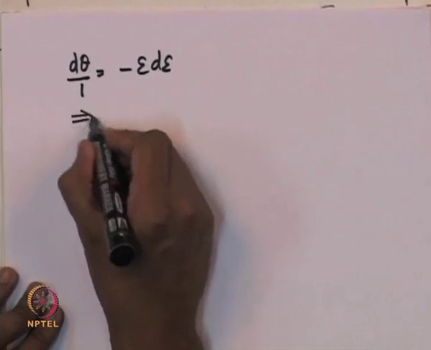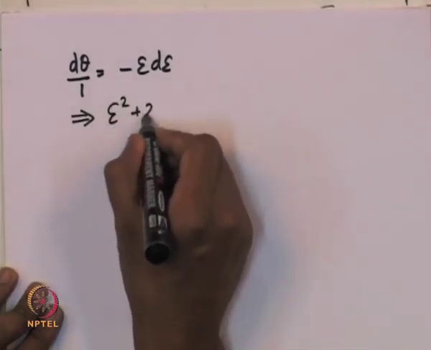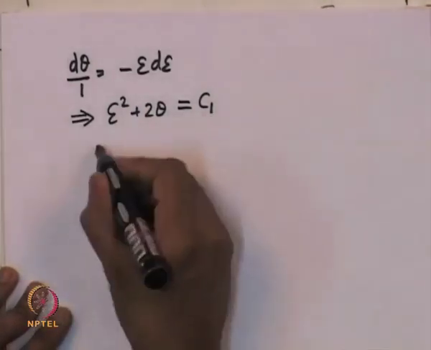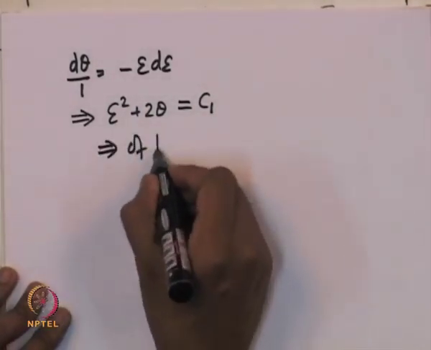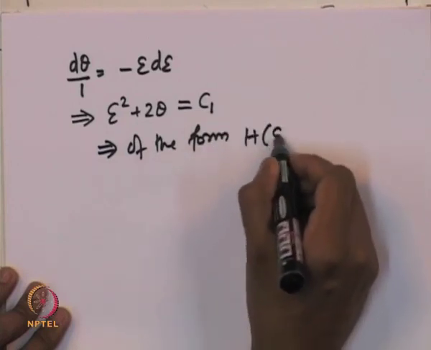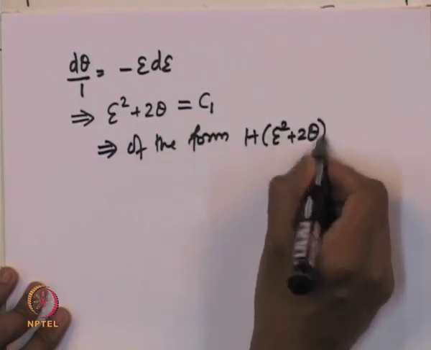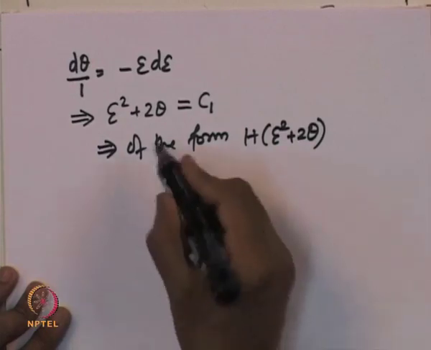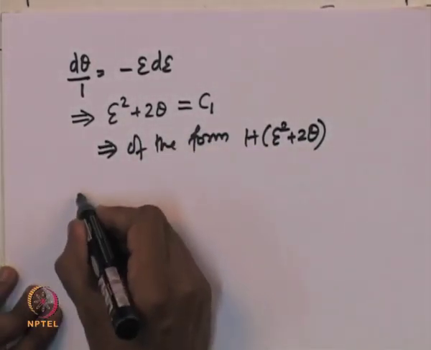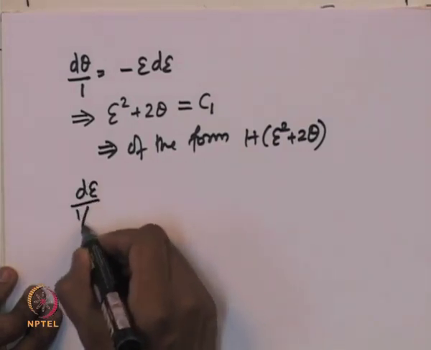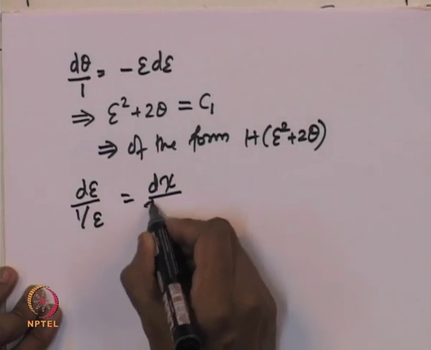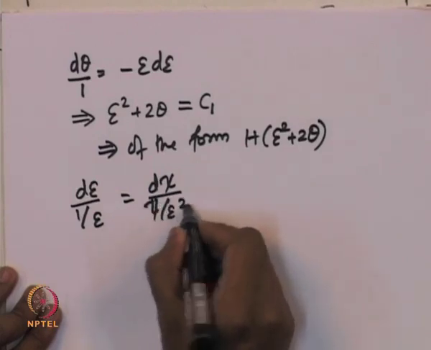So, from here we can find that epsilon square plus 2 theta is equal to a constant C 1, and that should be of the form h of epsilon square plus 2 theta. So, that should be the functional dependence of this particular expression. And then next let us look at the other case, d epsilon by 1 by epsilon, that should be equal to d psi by psi by epsilon square.